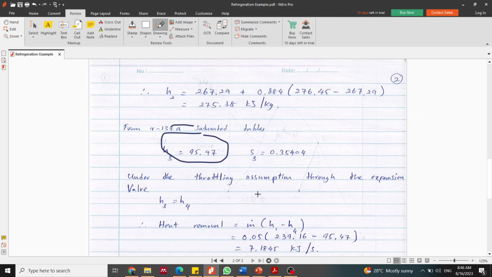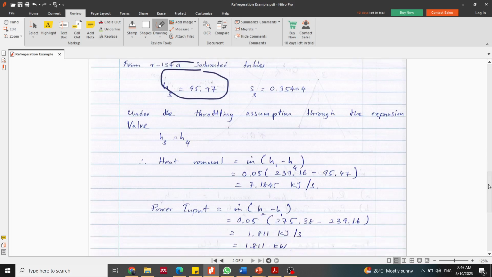The next process is throttling, so we know H1, H2 and H3. Since we are throttling in the expansion valve, there is no heat transfer and no work involved, therefore we can simply determine H3 equals H4. Now we know all of H1, H2, H3 and H4, so we can simply substitute into the equation.